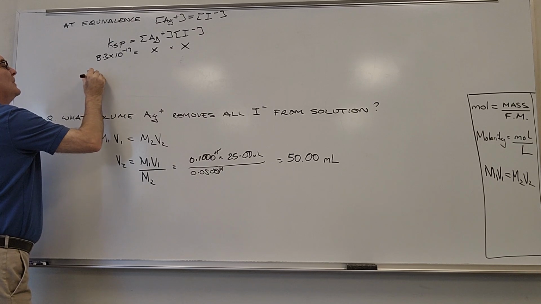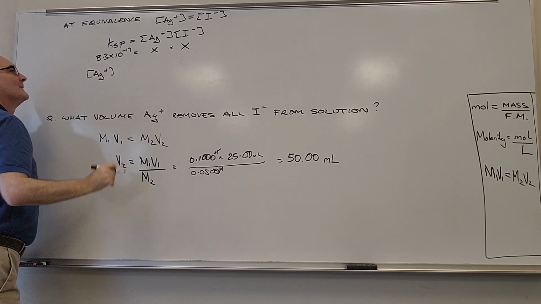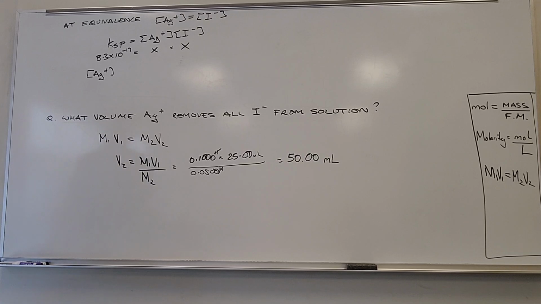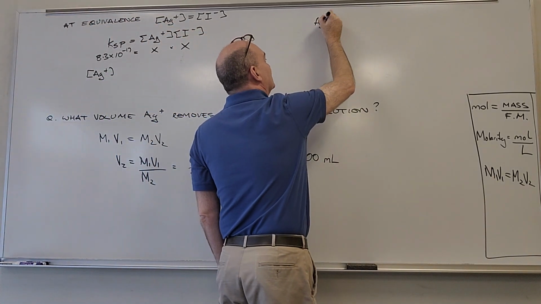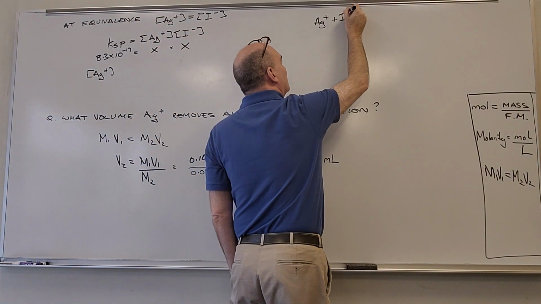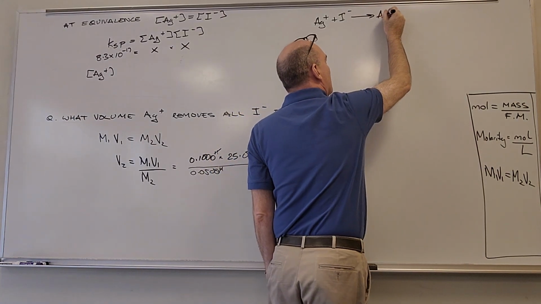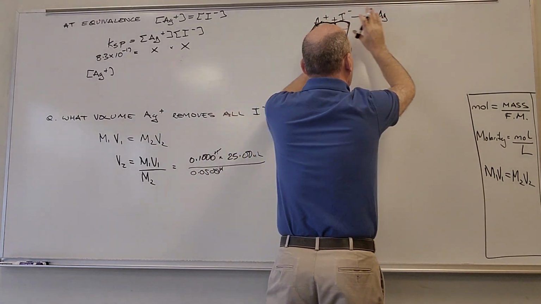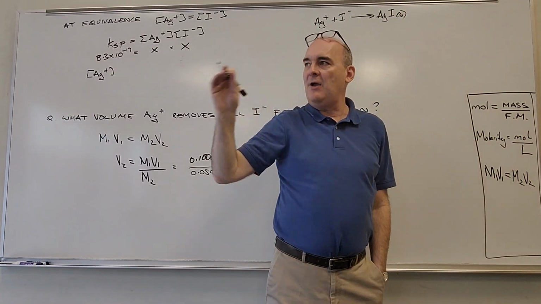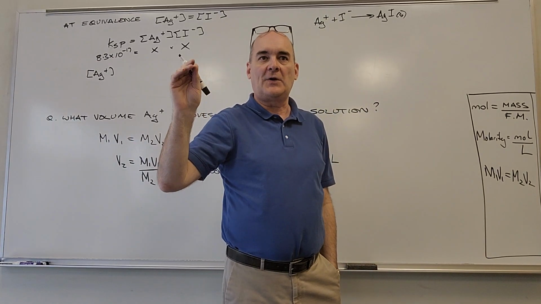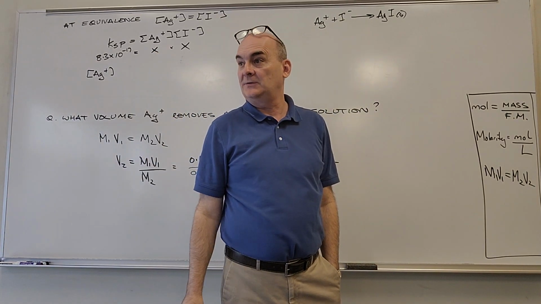So if I wanted to know how much silver ions are in solution at the point at which the silver and the iodide meet each other, my equilibrium is really pushed very hard this way. They go ahead and they make every silver ion become a precipitate.